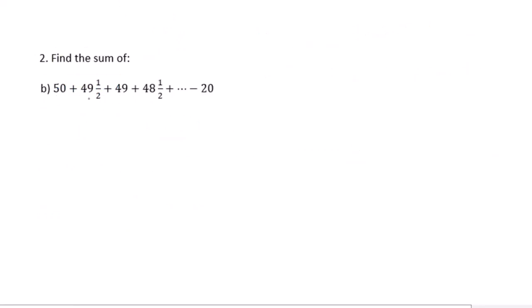Still, you need to check whether it is an arithmetic or geometric sequence, so that you can use the proper formula. 49.5 minus 50 is negative 0.5. 49 minus 49.5 is negative 0.5. 48.5 minus 49 is negative 0.5. So we know this is an arithmetic series.